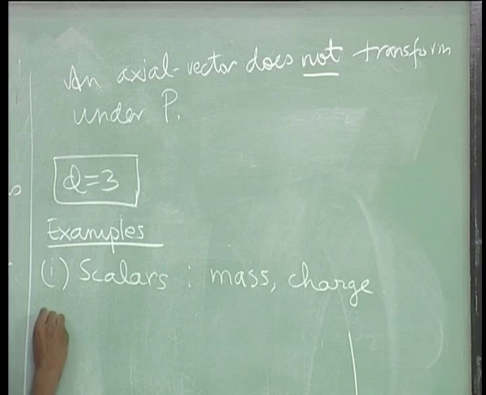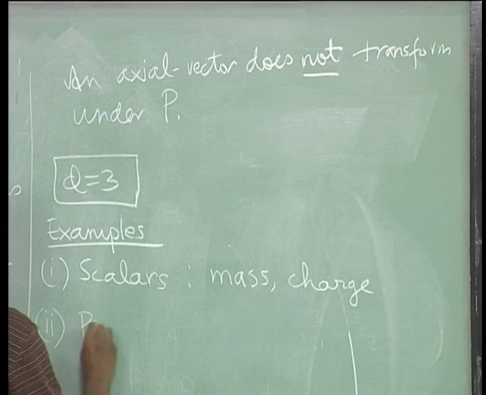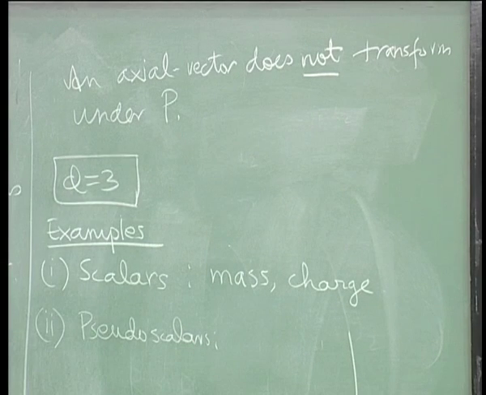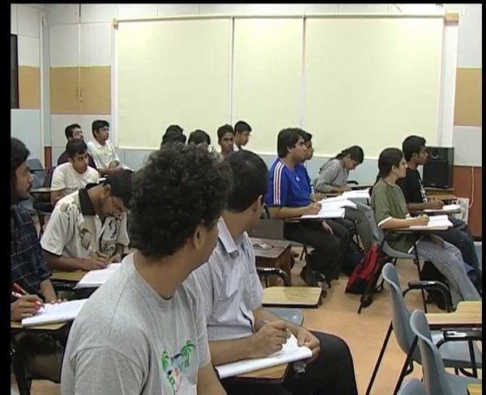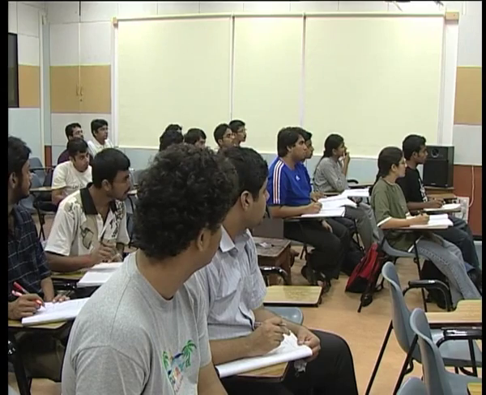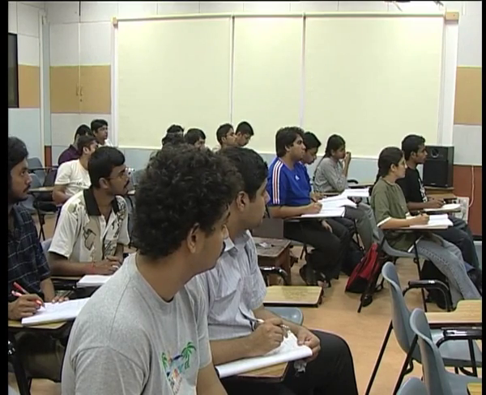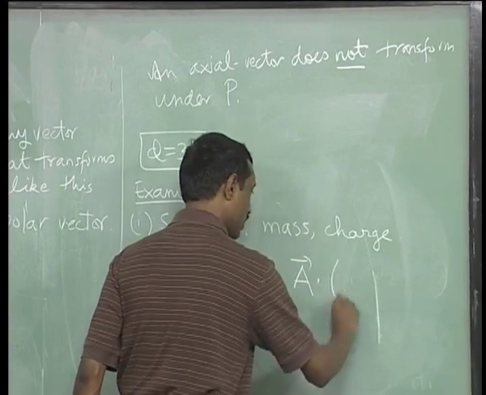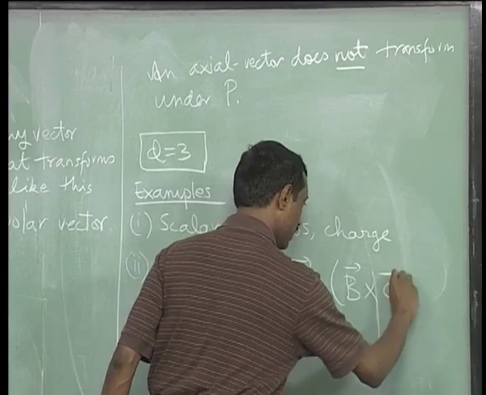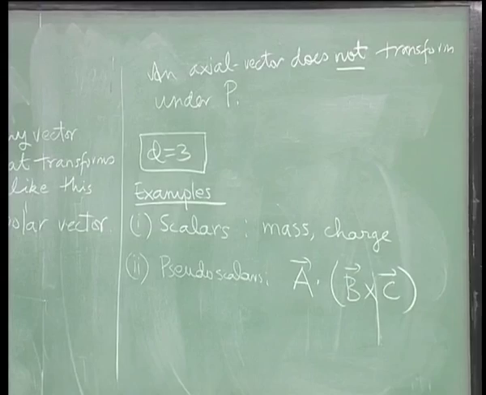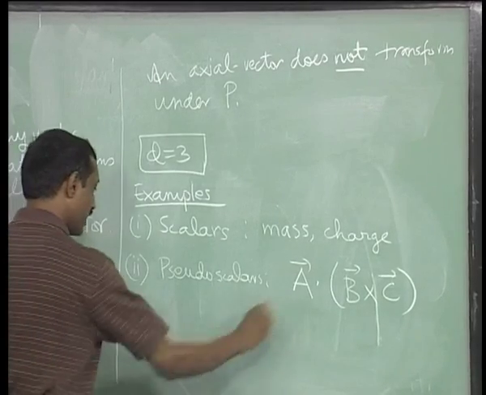What about pseudo scalars? Box product of 3, that is not a scalar. Box product is what? Oh okay. You are saying something like this: A dot B cross C, where A, B, C are all polar vectors. Okay. We will add a few more examples.